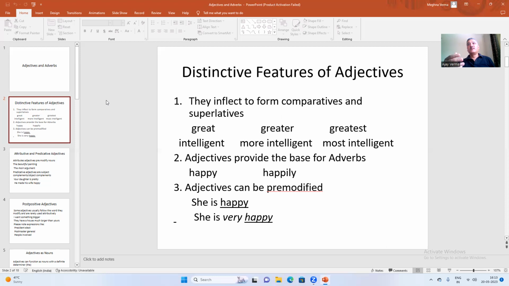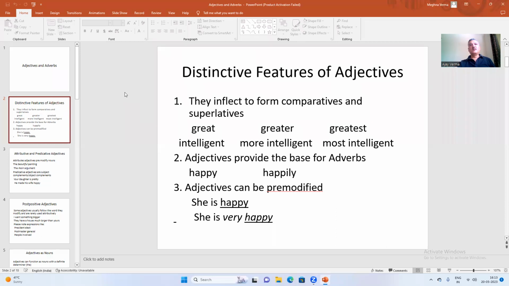Okay, it is a beautiful picture. The view is splendid. So, in all these, we are making use of adjectives either before the noun or after the noun.